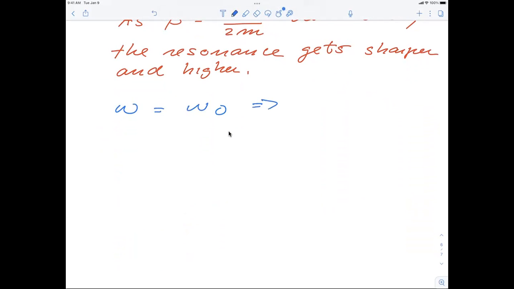And that leads to a maximum amplitude, which is given by this physical constant, F0, divided by 2 times beta omega 0. So let me just rewrite it, because this is not F0 tilde, that's actually F0, the way we define things.